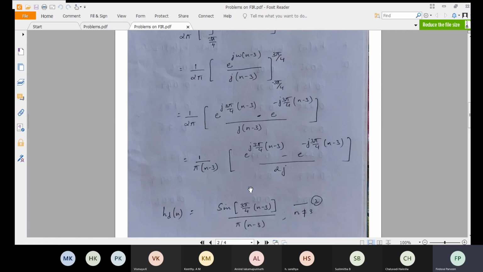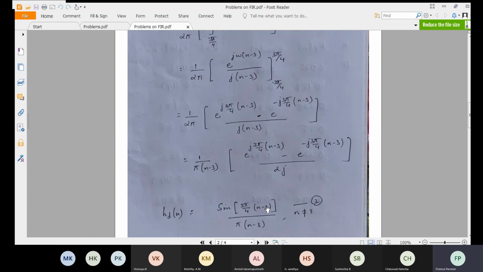So what is theta here? It is nothing but sine of 3 pi by 4 into n minus 3 divided by pi of n minus 3. So this complete part is sine theta, theta is nothing but this part. So sine theta divided by pi of n minus 3. Understood? Yes, ma'am. This is when n is not equal to 3.